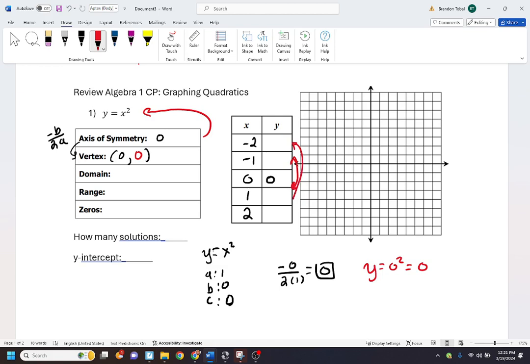Negative 2 and 2. So we're going to do both of these. I'm going to use positive 1. You can use any one. So y equals positive 1 squared. I'm just replugging it into the equation. So y equals 1. So if this one's 1, this is also 1.